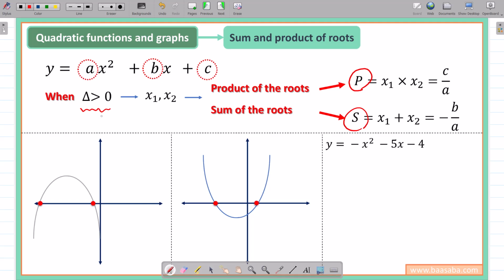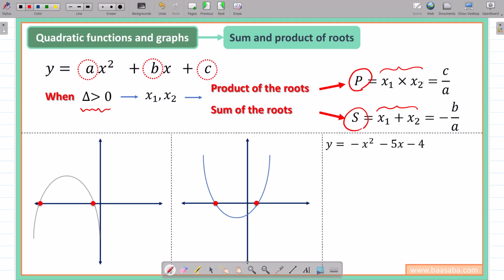We only talk about P and S when we have delta greater than 0. When we have delta greater than 0, it means we have two zeros, x1 and x2. P is the product of these two zeros, and S is the sum of these two zeros.